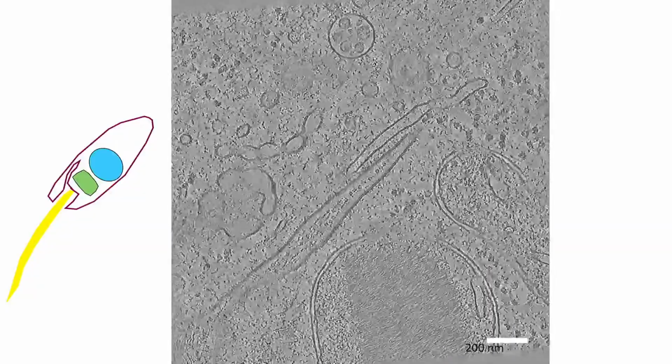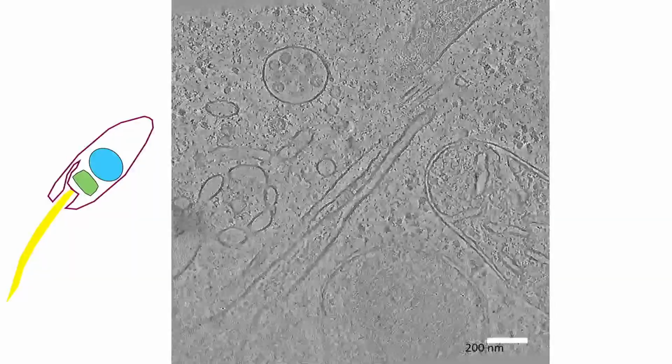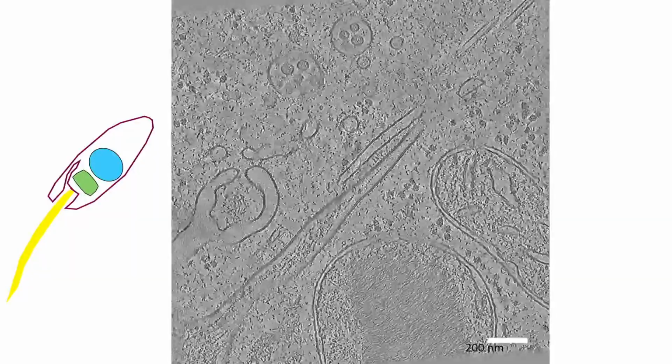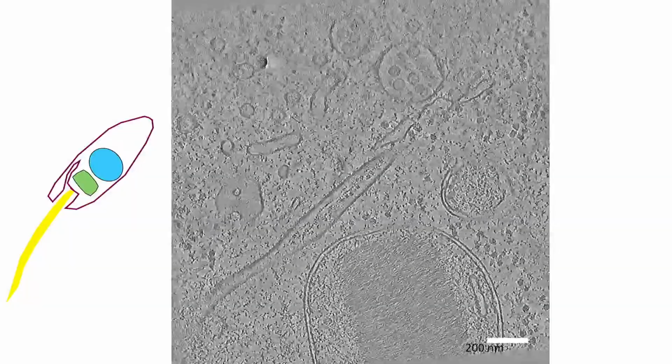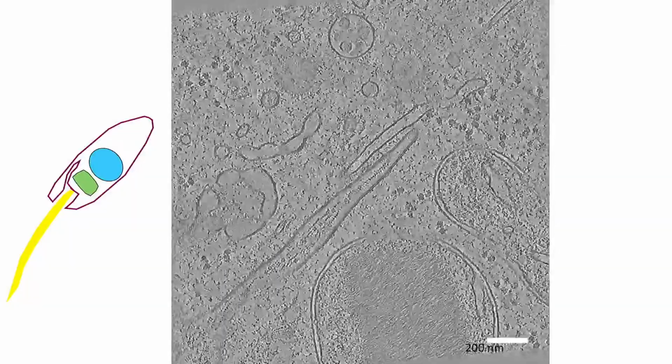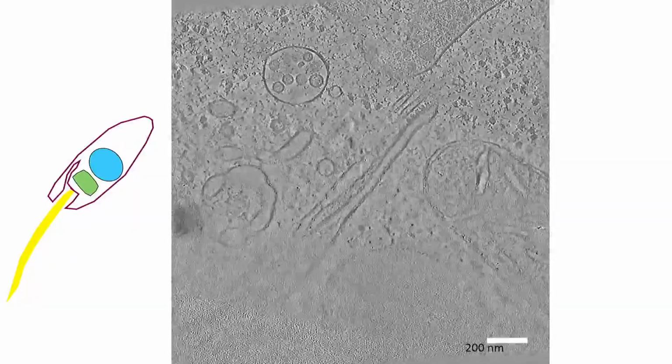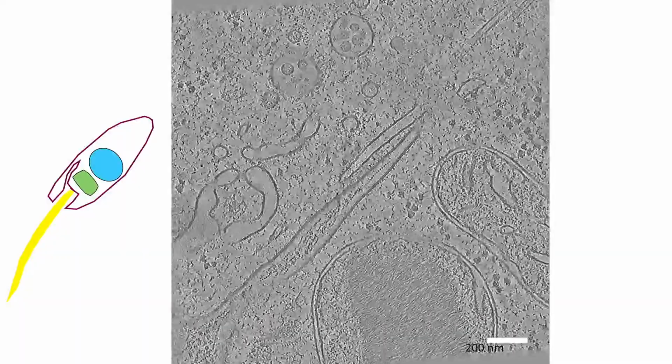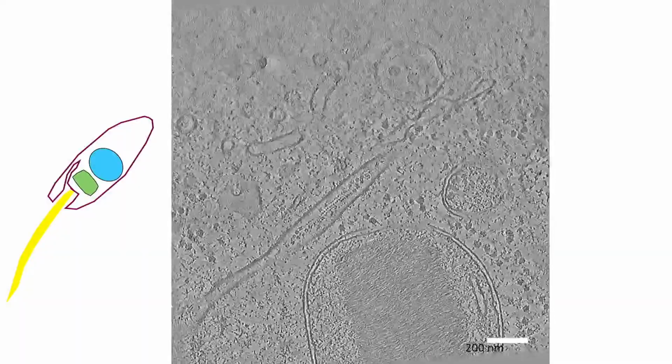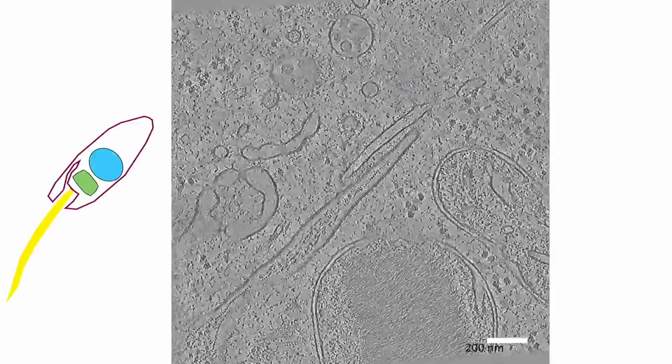And here in green, we have the kinetoplast, in blue the nucleus. And this section, the tomogram, was like if we made a cut like this, right? Like this, sorry. So we can see part of this invagination.